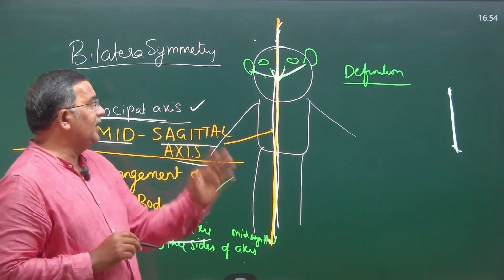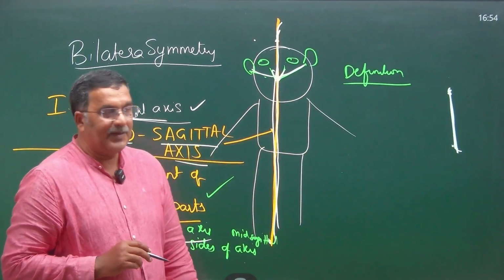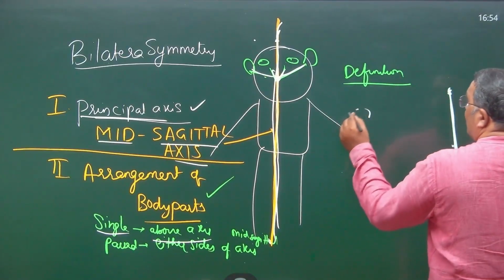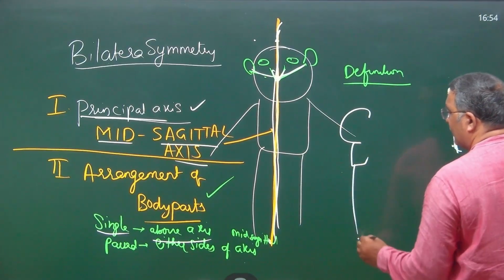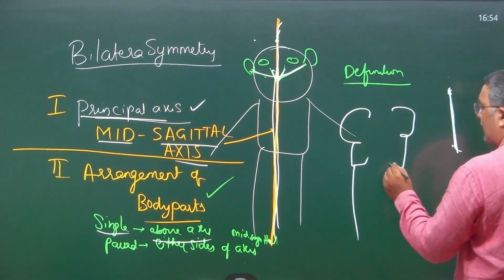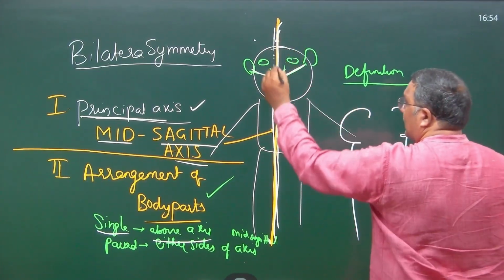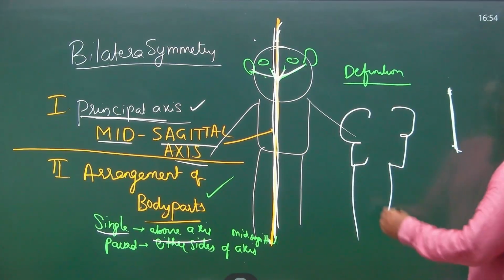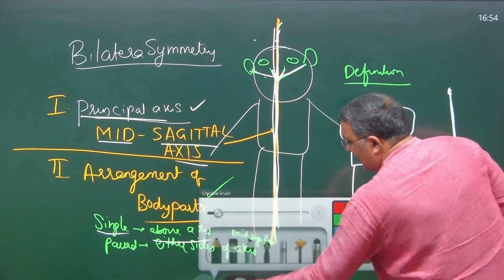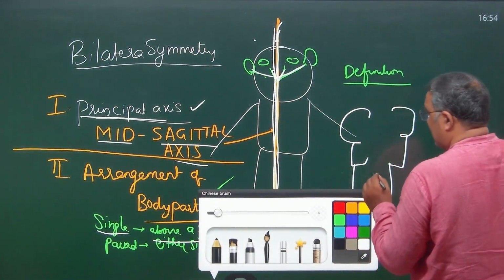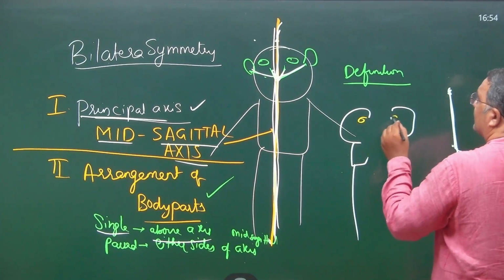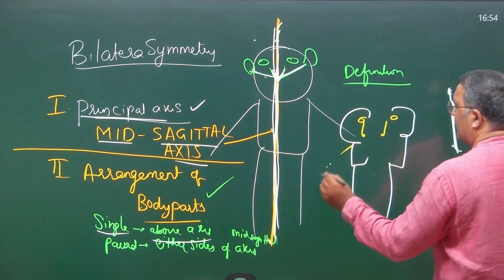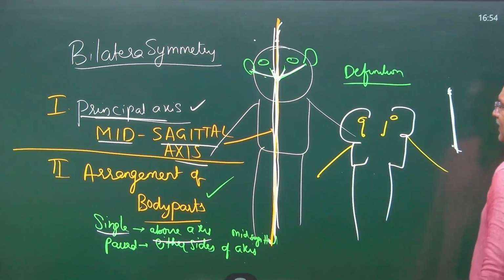Now, finally, the definition. If you cut the organism through this mid sagittal axis, we get two equal lateral halves. You need to understand this pattern.